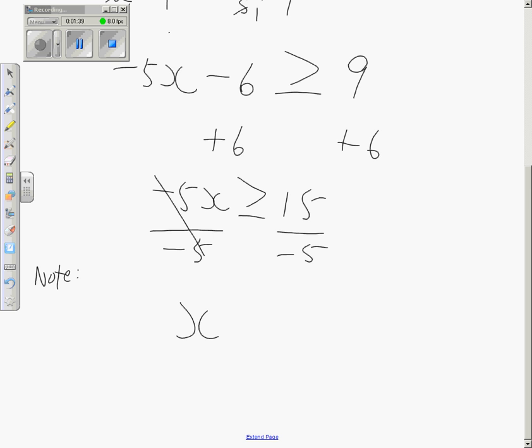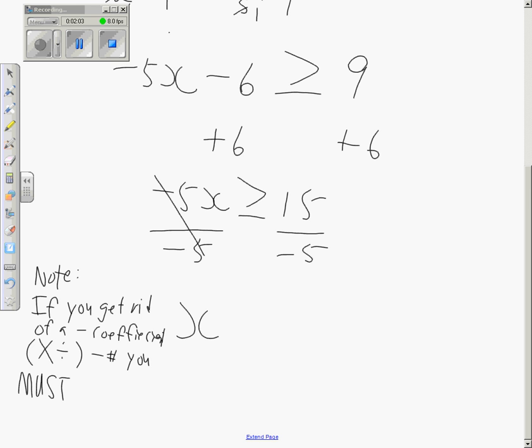Note, if you get rid of a negative coefficient, whether it be in fractions or a multiplier coefficient, that's either multiplying or dividing, I'll put that in brackets, by a negative number, you must, I'm going to put this one in big letters, flip your inequality sign.